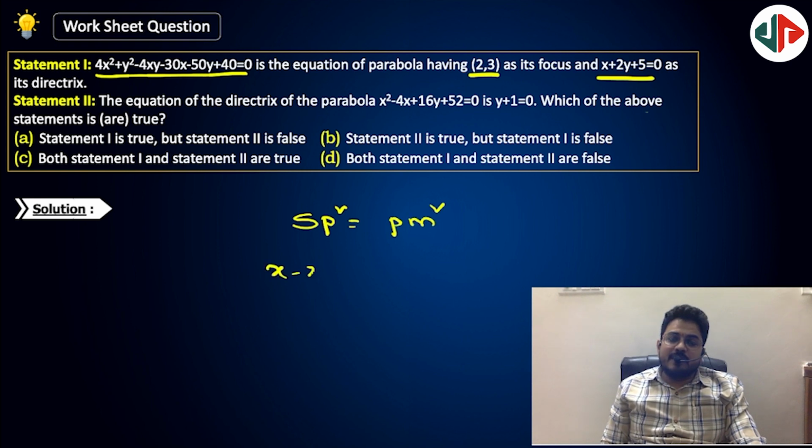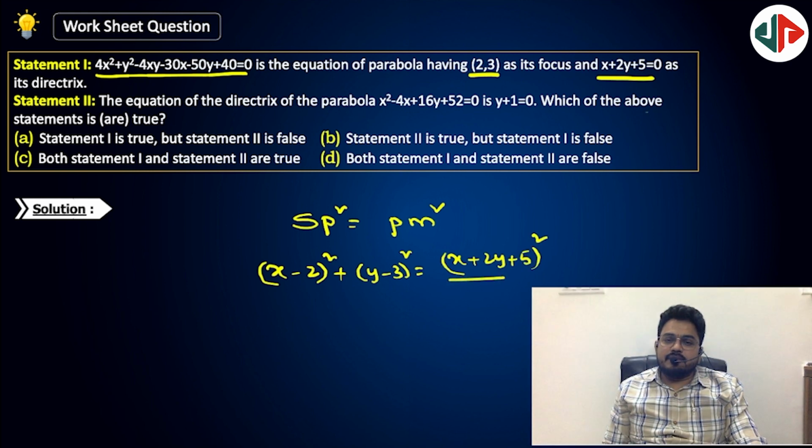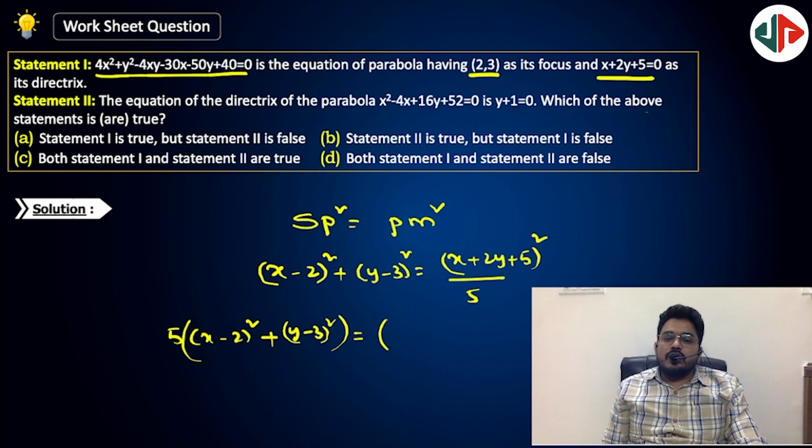So x minus 2 whole square plus y minus 3 whole square is equal to x plus 2y plus 5 whole square by 5. Okay, you take it up 5 times of x minus 2 whole square plus y minus 3 whole square is equal to x plus 2y plus 5 whole square.